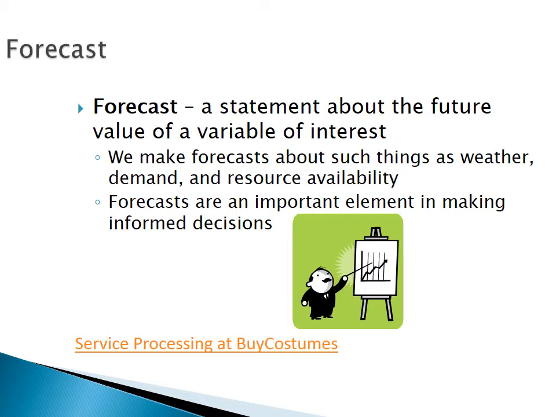Like, as we have discussed, population or the demand, or maybe availability of raw material, availability of the right workforce. So those are variables of interest. Those are some aspects which you'd like to know beforehand so we can plan accordingly.